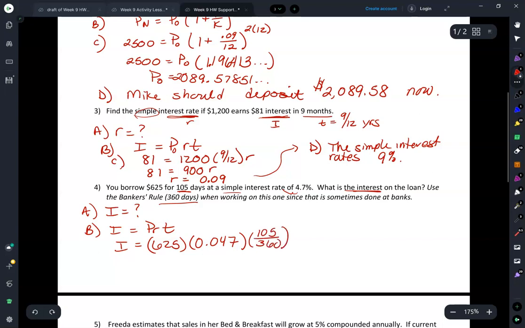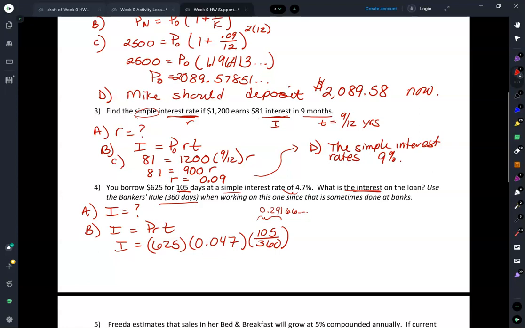So when you type this in, start there. 105 divided by 360. And I get, for this, 0.291, so on and so forth. Just leave it right in your calculator and multiply by 0.047. And then you can hit enter or not.